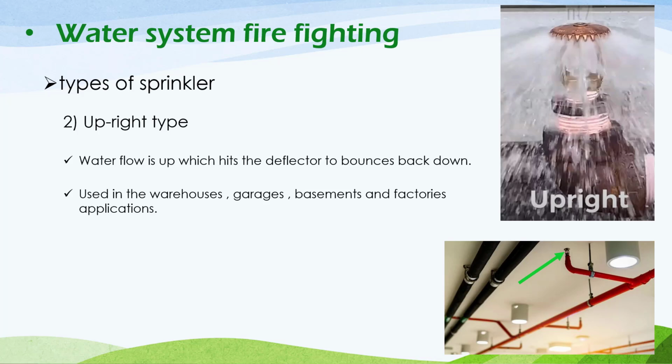It's used generally in applications where there is no suspended ceiling, so all of those applications share the same property of not having a suspended ceiling, as the water is injected from the top towards the bottom, so it can't be installed above the suspended ceiling for this reason.